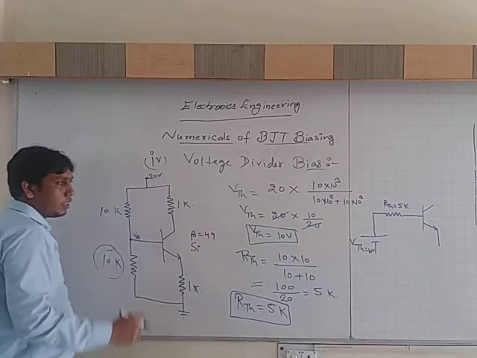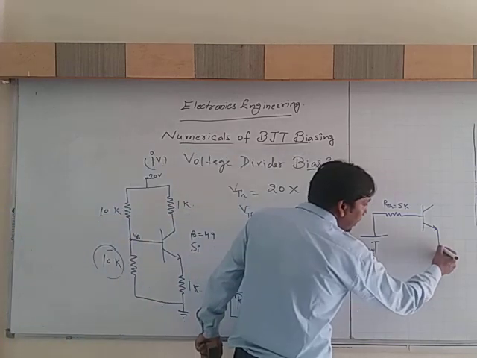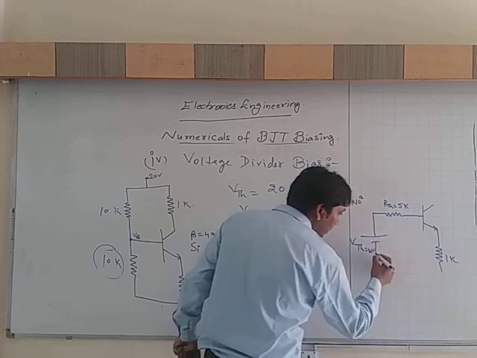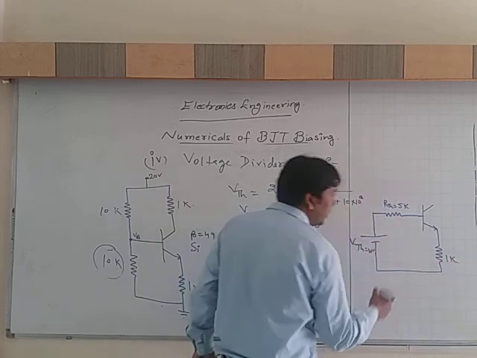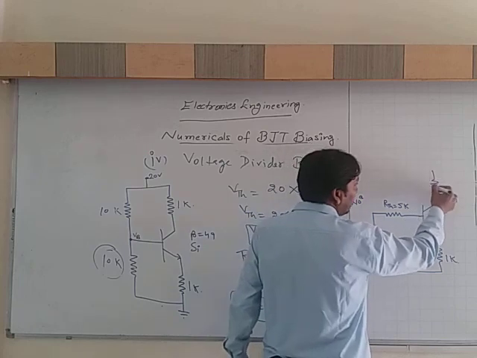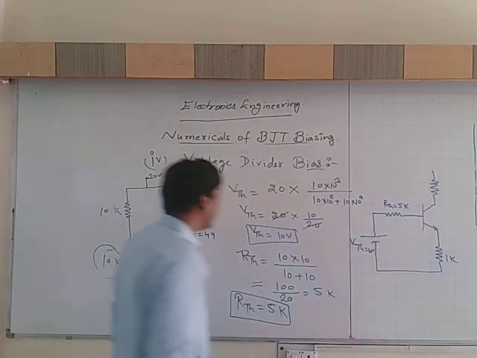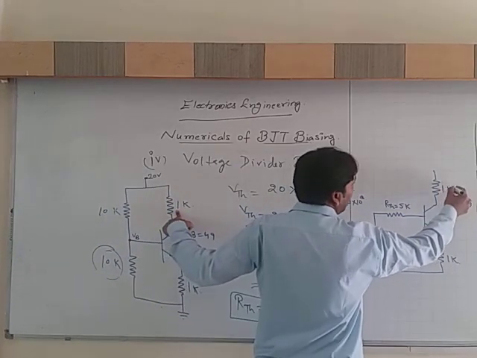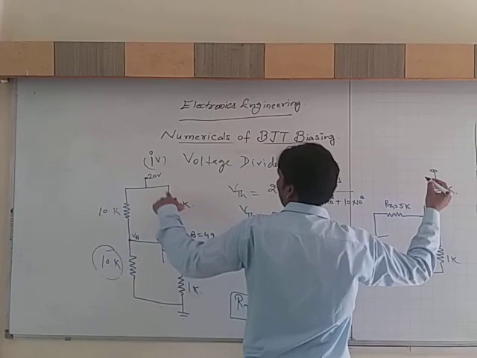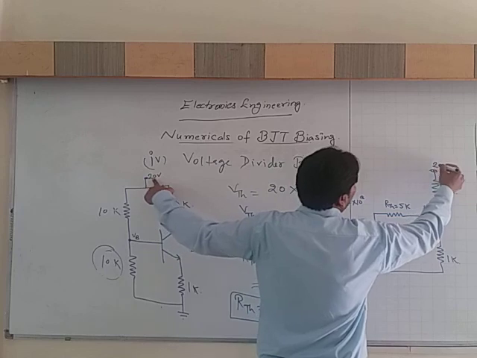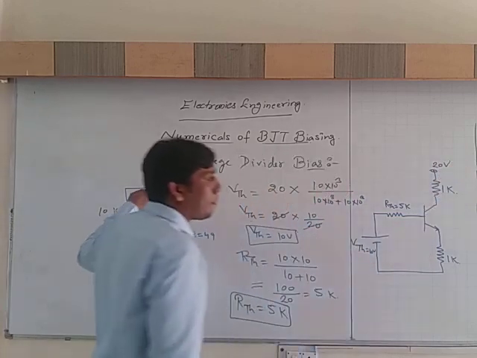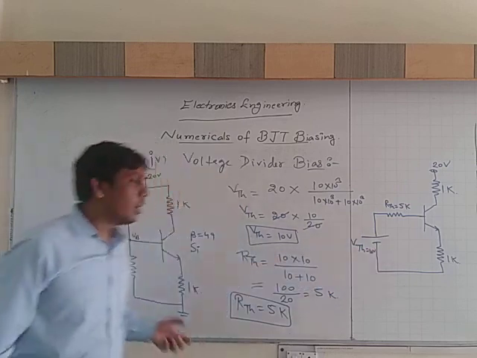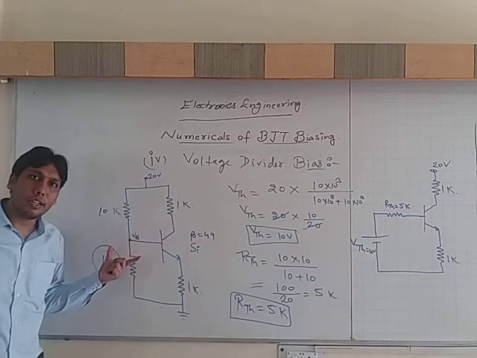That means this resistance RE will be as it is, that is 1 kilo ohm. The collector resistance in this question is given as 1 kilo ohm, so it will remain as it is, 1 kilo ohm, and this will be the supply, that is 20 volt. This is the Thevenin equivalent circuit of this voltage divider circuit.